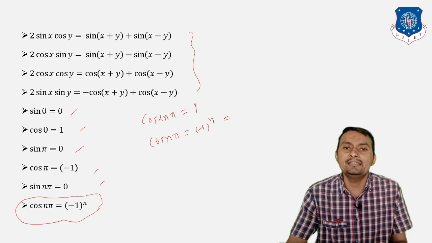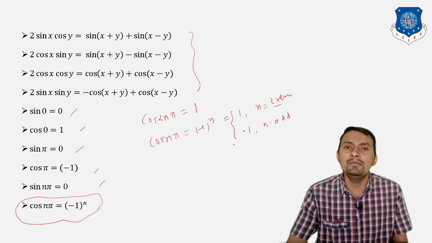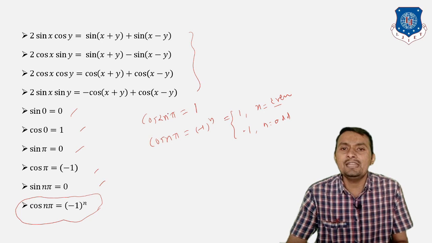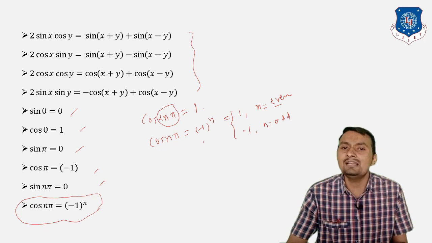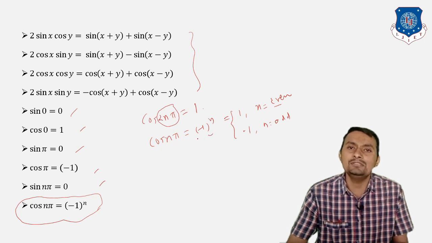That means it takes the positive value and also minus 1. If n is an even number, it is going to be plus 1. If n is an odd number, in that case it will be minus 1. But if I take all the positive angles, cos 2n pi is going to be 1, and cos n pi will depend on the values of n.